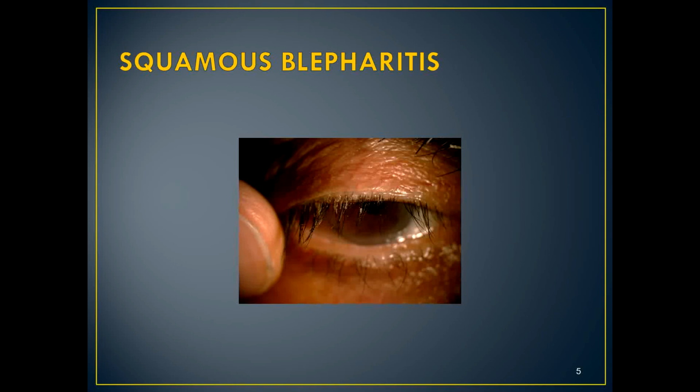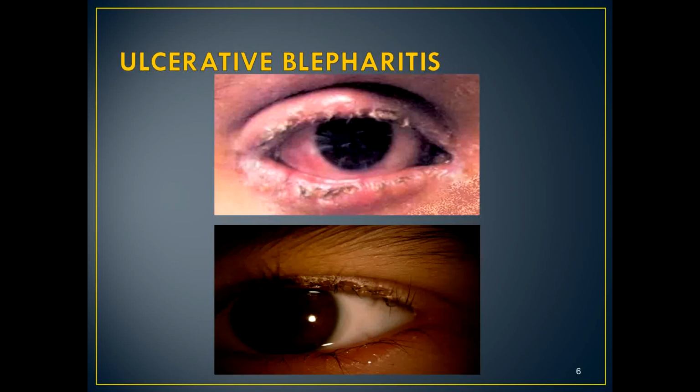On the lid margin, you can see the multiple scales which are easily removable through the base, and there is no bleeding seen at the margin of the lid lash. In ulcerative blepharitis, there are slightly thick scales with small wounds apparent on the margin of the lid.